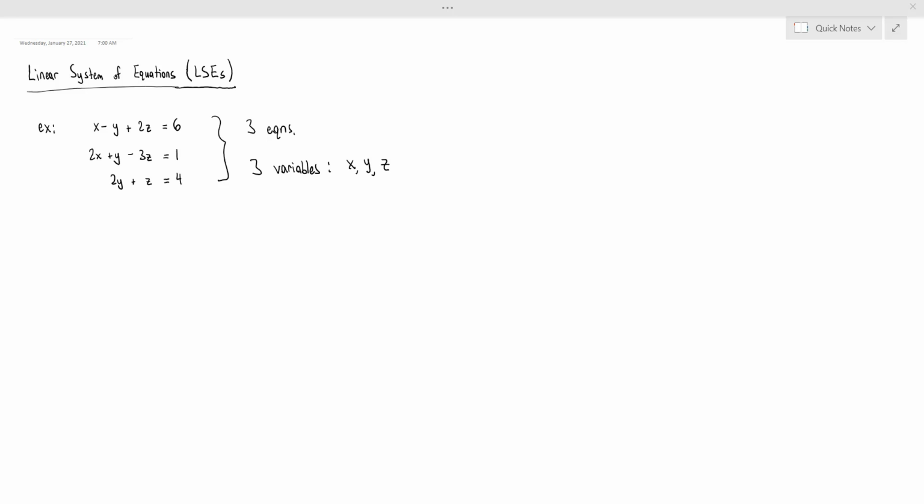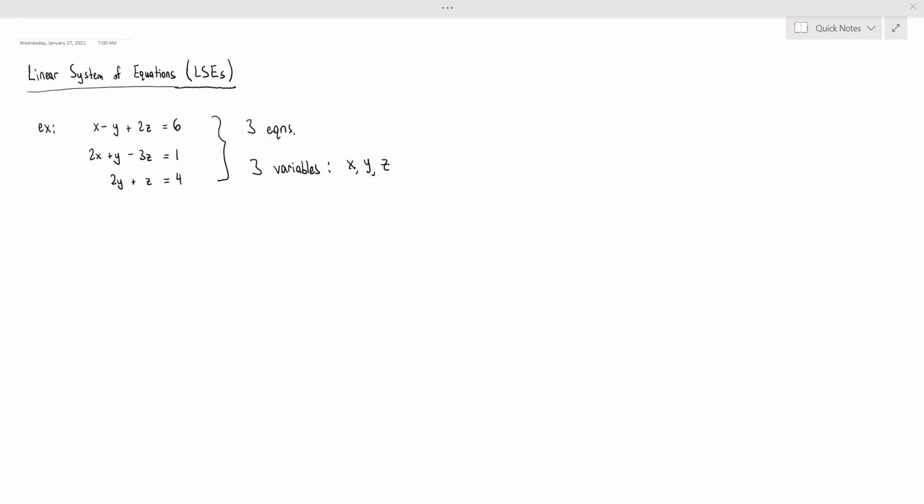Also, none of the variables are multiplying each other, so you don't see any terms like x times y in any of the equations. None of the variables are dividing each other either. So all we have is our variables being multiplied by numbers, and then they're being added or subtracted after that. So that's what makes it linear.